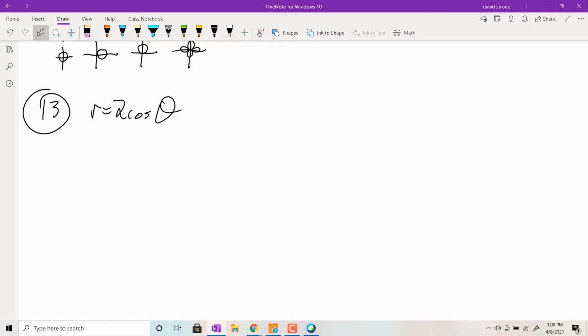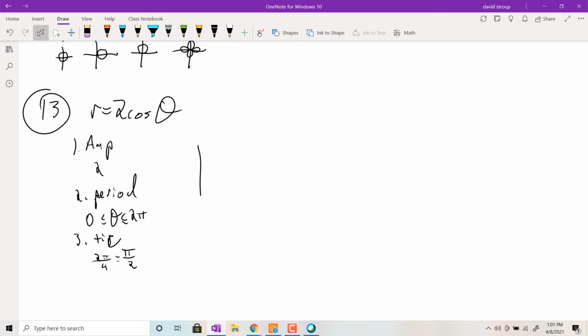So first, I like to do the graphs. So first, the amplitude is 2. Secondly, the period going from 0 to 2 pi. And then thirdly, the tick marks, just take that and divide it by 4. So 2 pi over 4. So I'm going to be going by pi over 2s. So in my theta r plane, it's a cosine function, so it starts out at 2 and then dives down, and then dives back up.